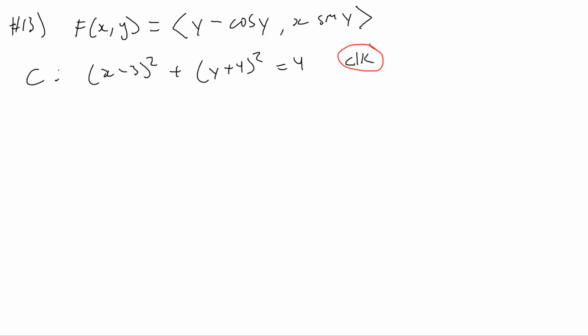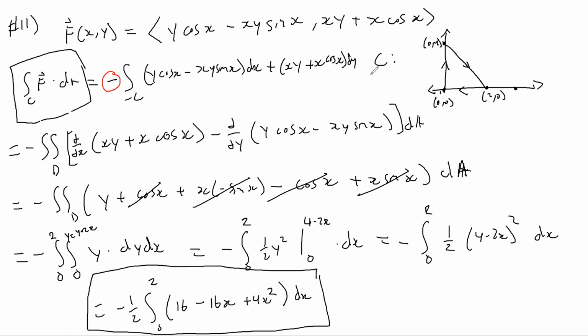So what we can see from the given region of C, we have a circle with center (3, -4) and a radius of 2, right? This is just based off the general formula of a circle. Just like the previous question, we set up the integral in terms of dx and dy.